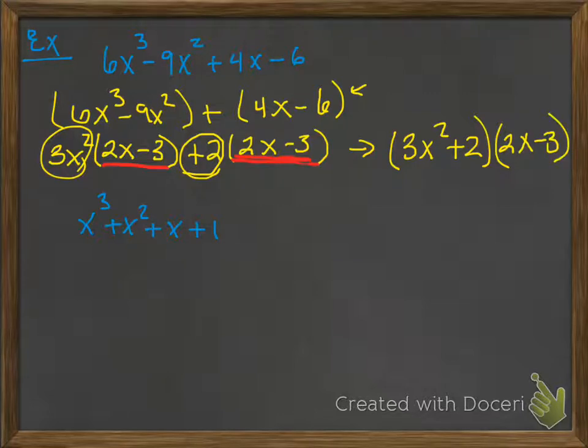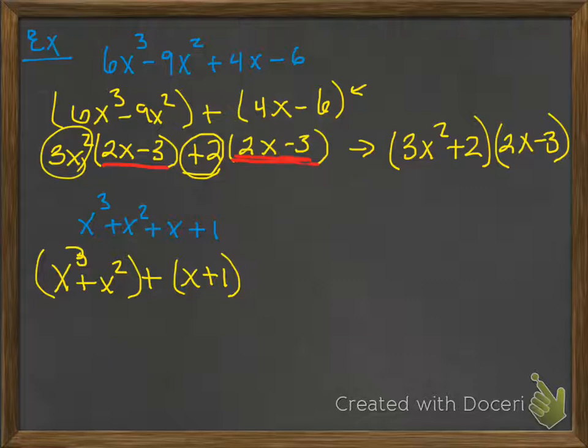Okay, let's try this again with our grouping. I'm going to group the first together, x cubed plus x squared plus x plus 1. Now x cubed plus x squared, they have x squared in common, so I can do x squared and then get x plus 1, plus, and I'm going to put that invisible 1 out front just so it's there, x plus 1.